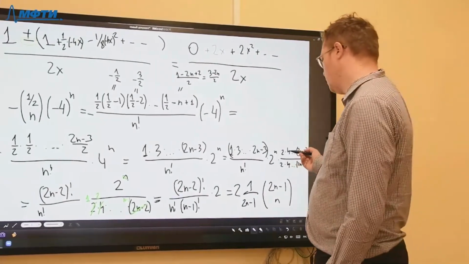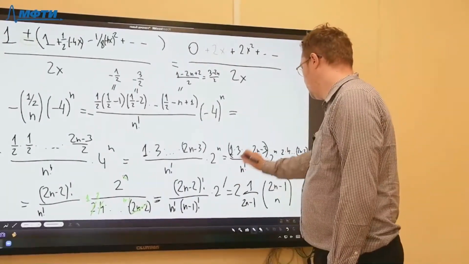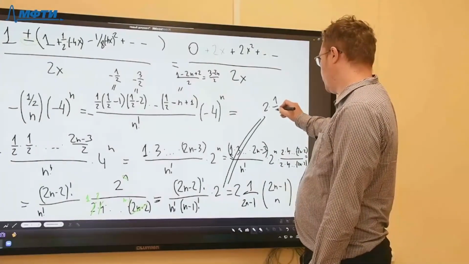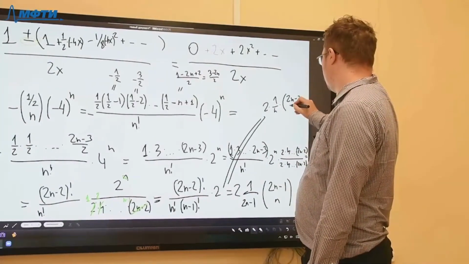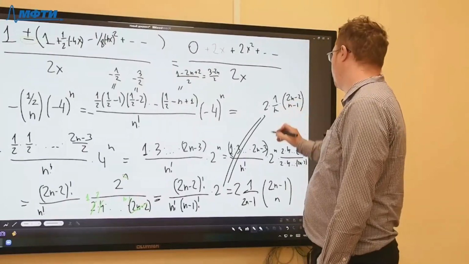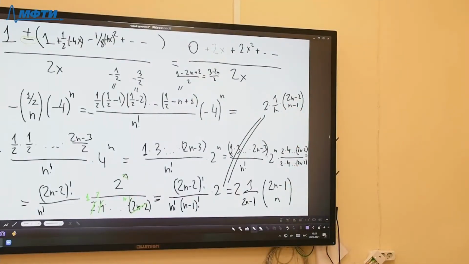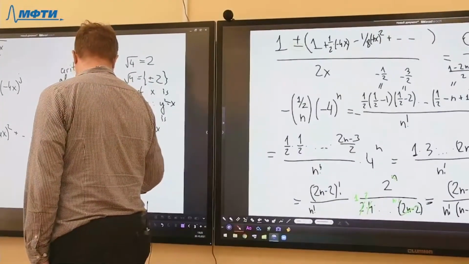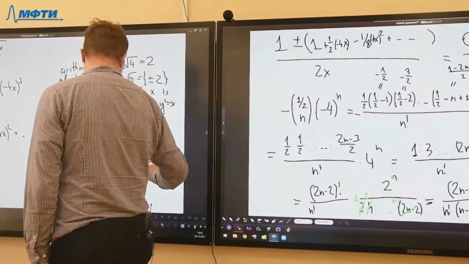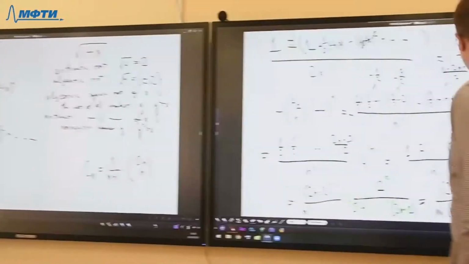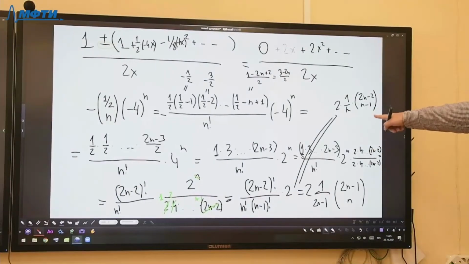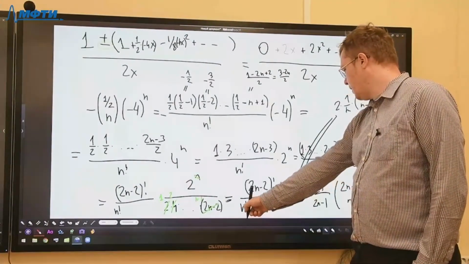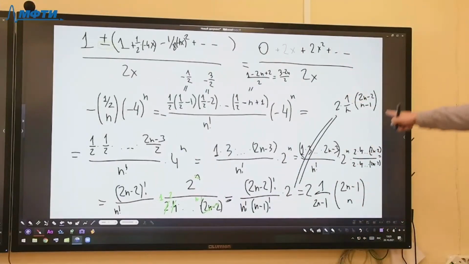Or we can write this as 1 over n of 2n minus 1, or maybe this is better, because I just don't remember which formula of the Catalan numbers we got in the previous lecture. Do you remember the formula for the Catalan numbers? I think it would be better to use this formula. If we just take out the n in the denominator, we'll get this formula.